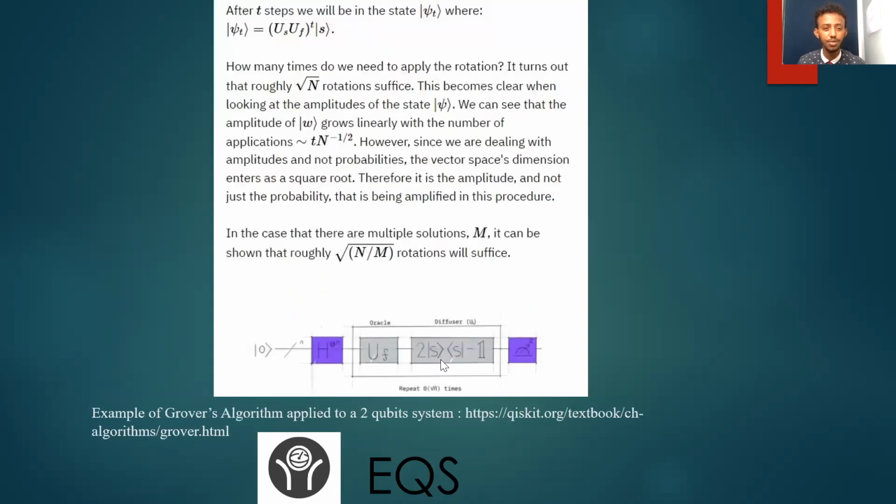So after T steps, we will be in a state whereby the transforms would lead us to, after such rotations, we could find that the amplitude would be amplified. But since we're dealing with amplitudes and not probabilities, the vector space's dimension enters a square root. So the amplitude is the one being amplified in this procedure.